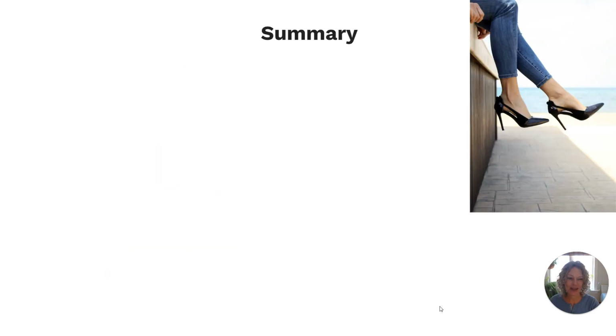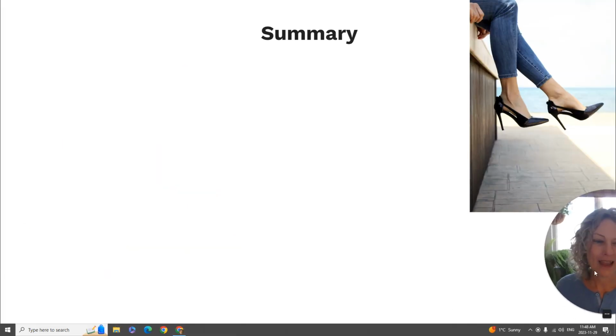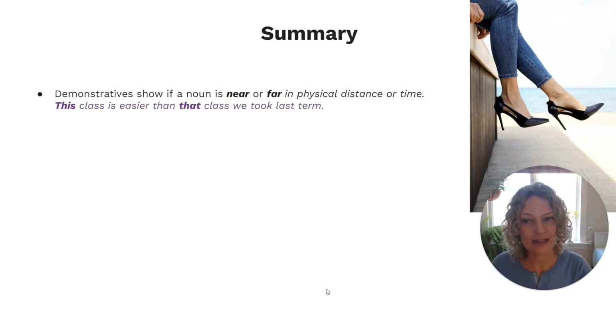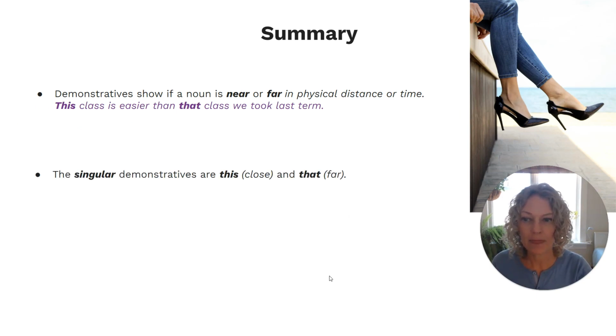Okay, so let's summarize what we've learned here. We have learned that demonstratives show if a noun is near or far in physical distance or time from the speaker or the writer, as in this class is easier than that class we took last term. So that's an example of distance in time. The singular demonstratives are this, which means close, and that, which means far, when we're talking about one noun.